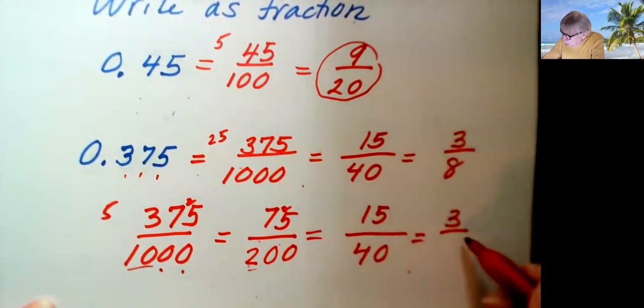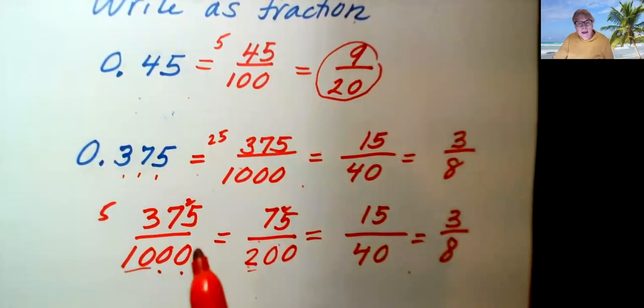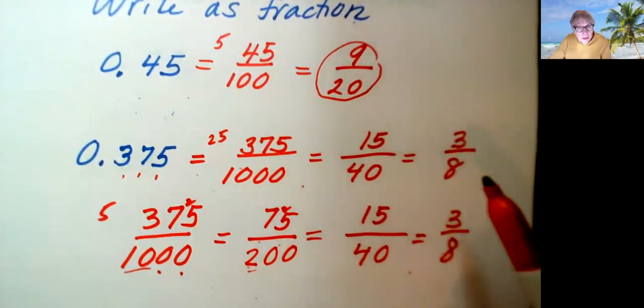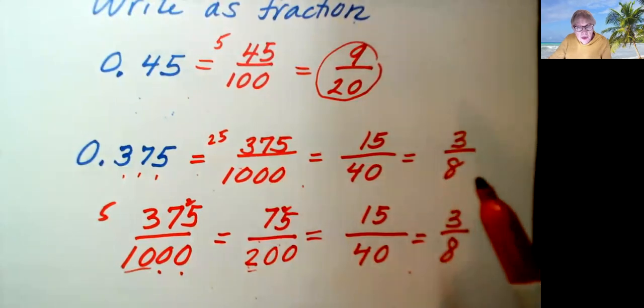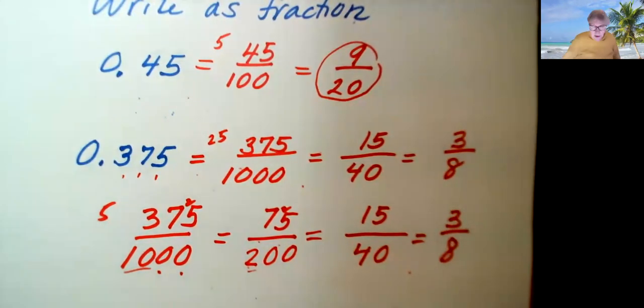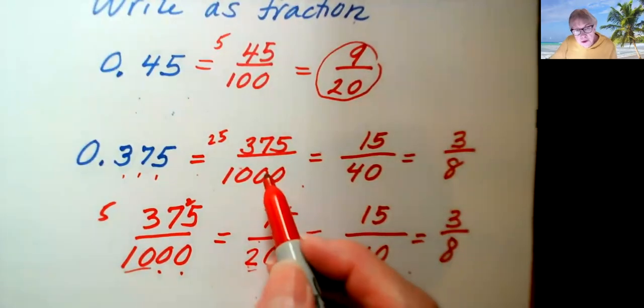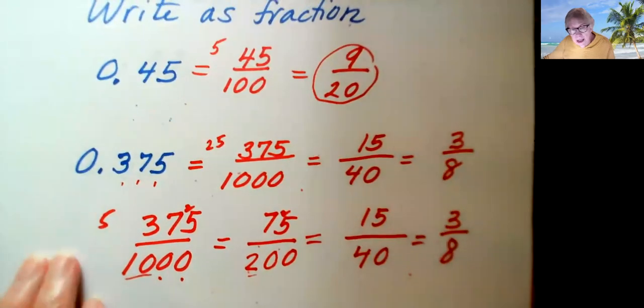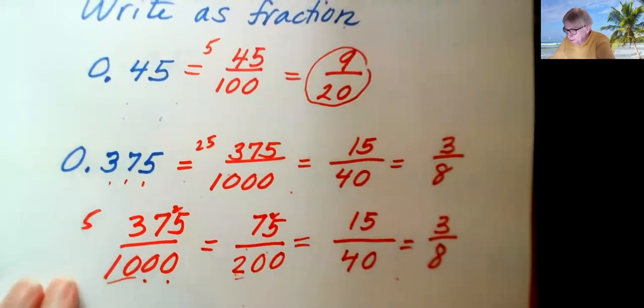They would both turn out 3/8, whether you got there sooner or later. That would be your final answer. Nothing in between was simplified. They wanted the 3/8. They didn't want any of these others, although this was a good first step, but you needed to take it down even further.